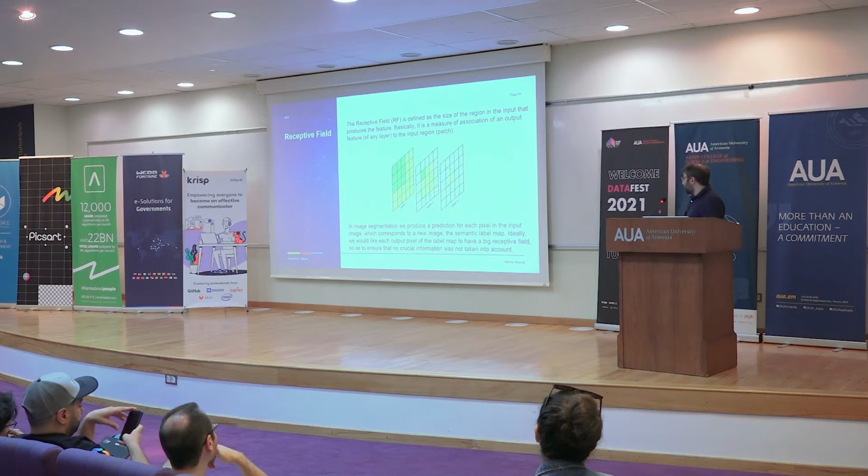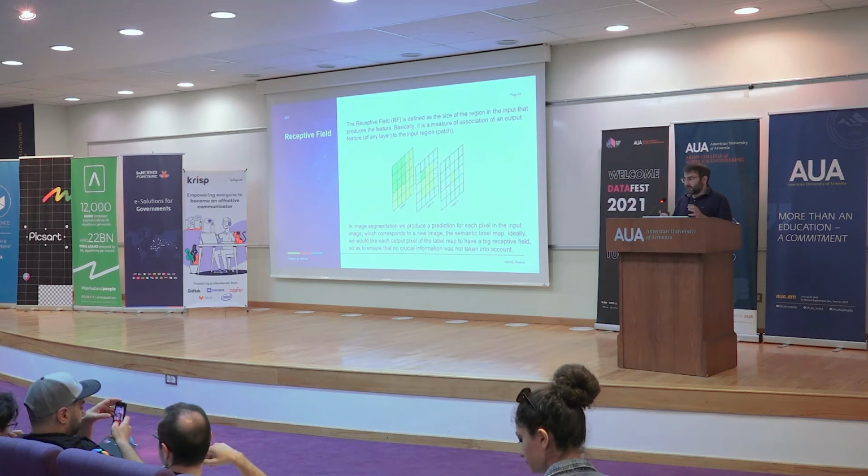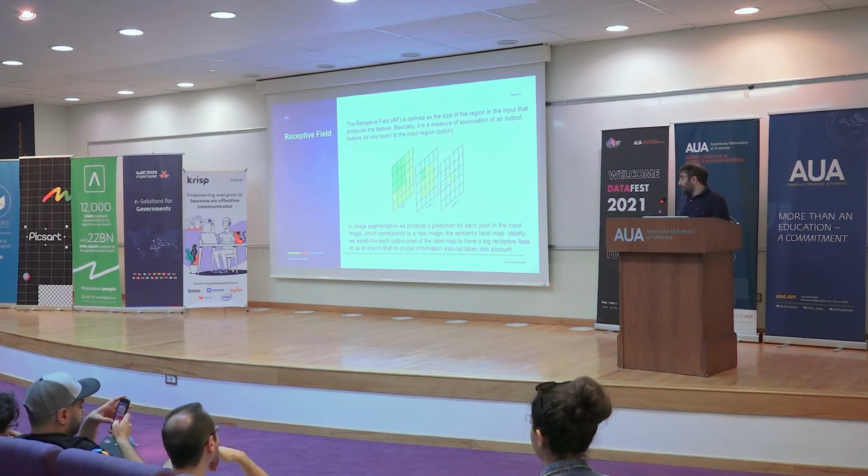A few words about changing the bottleneck and why we did it. Since we are doing image segmentation and we want dense prediction, let's say, for each pixel, we want the receptive field to be as big as possible.